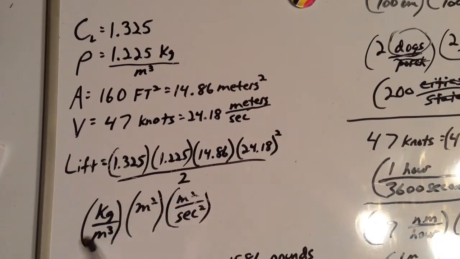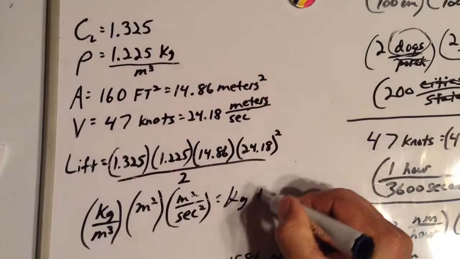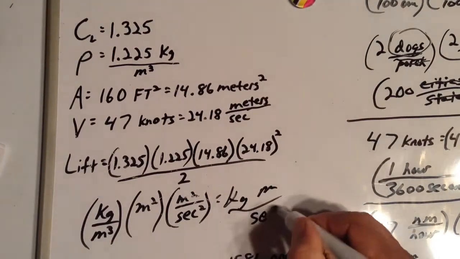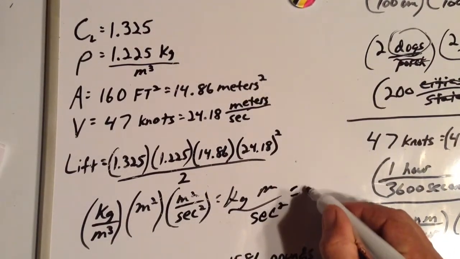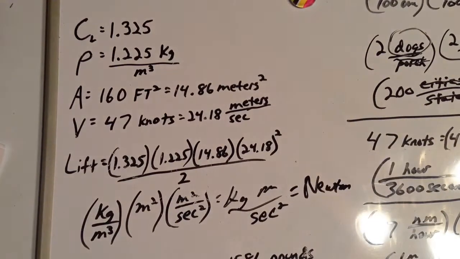Meters to the fourth divided by meters to the third is going to be meters to the 1 power, which is just plain old meters. So what we have is kilogram meters per second squared, which is defined as a Newton, named after Sir Isaac Newton.